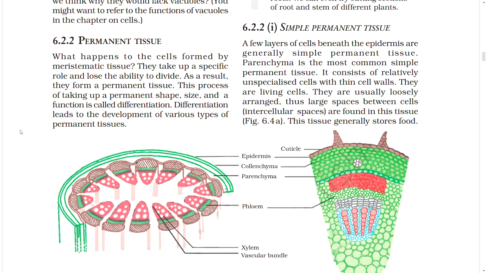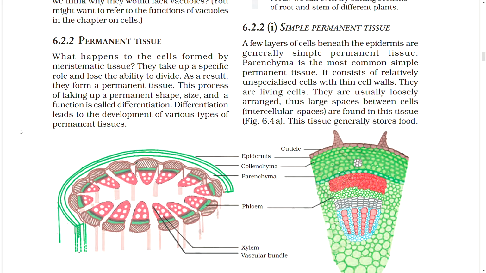6.2.2.1 Simple permanent tissue. A few layers of cells beneath the epidermis are generally simple permanent tissue. Parenchyma is the most common simple permanent tissue. It consists of relatively unspecialized cells with thin cell walls. They are living cells.